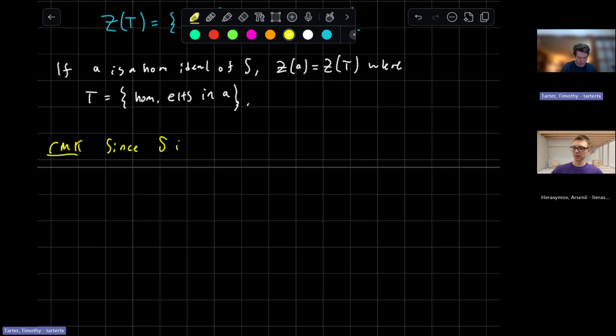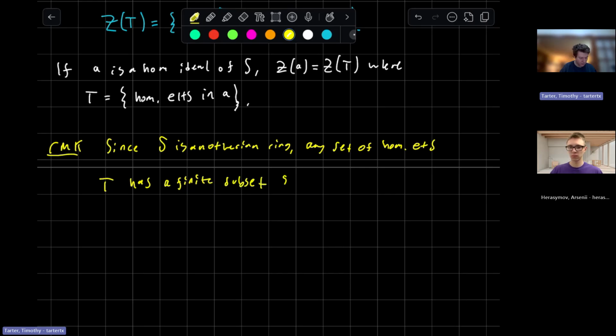Since S is a Noetherian ring, any set of homogeneous elements T has a finite subset F1 through Fr with the zero set of T equal to the zero set of F1 through Fr.